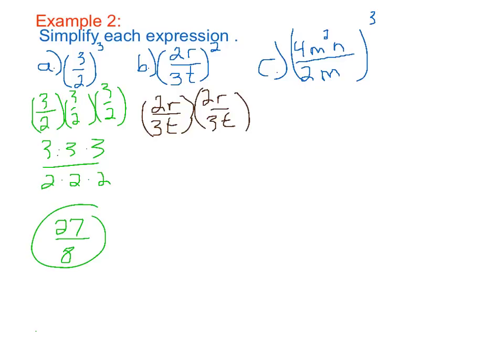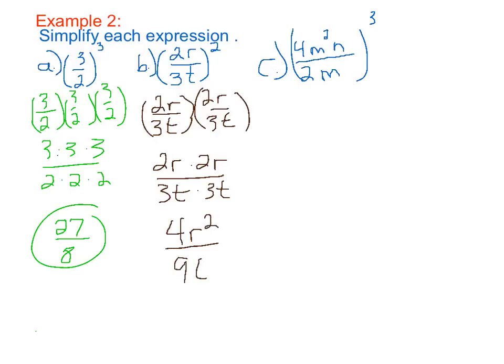So when you do that, we have on top we've got 2r times 2r over 3t times 3t, and that gives us 4r squared over 9t squared.